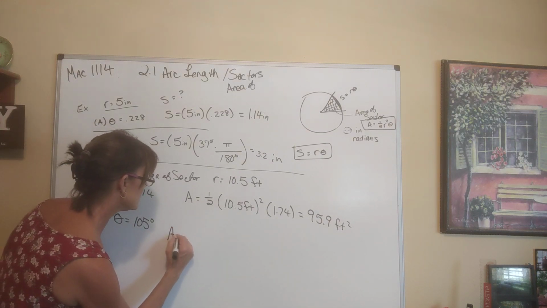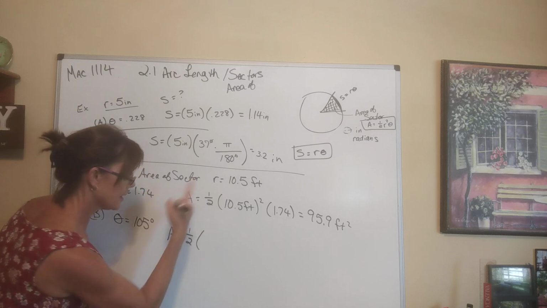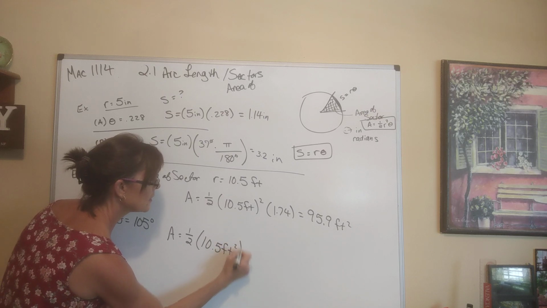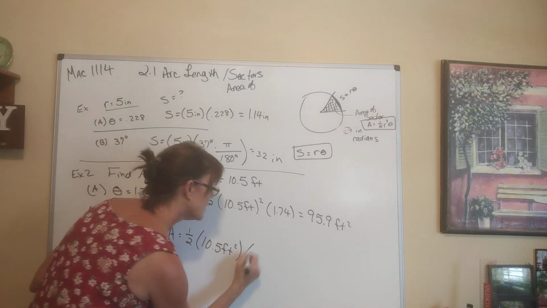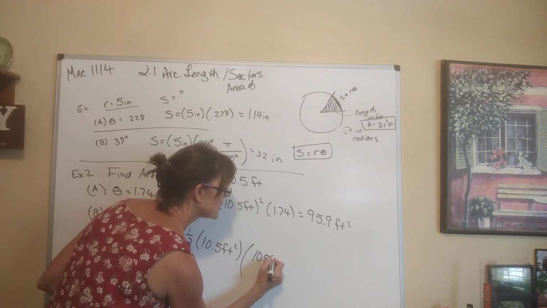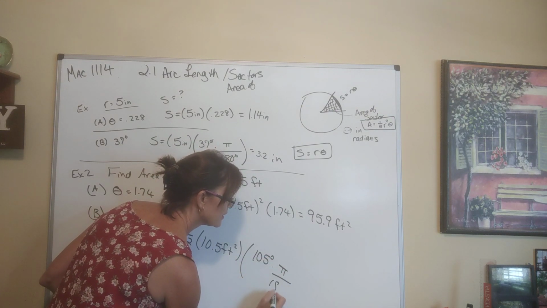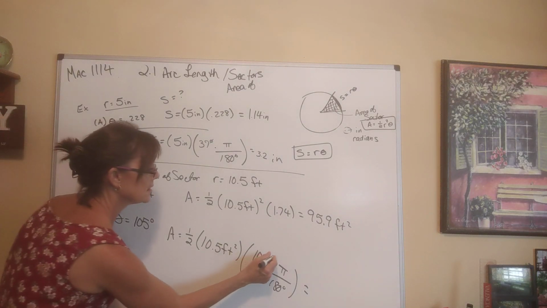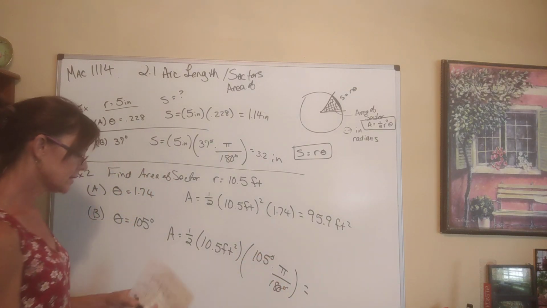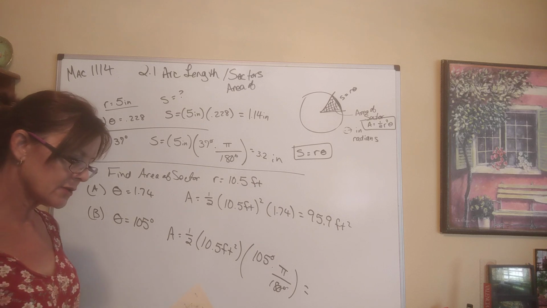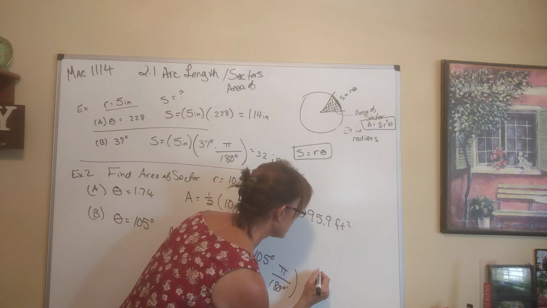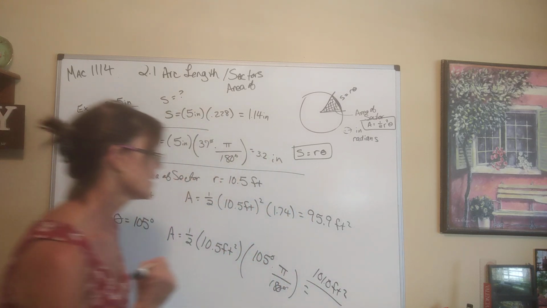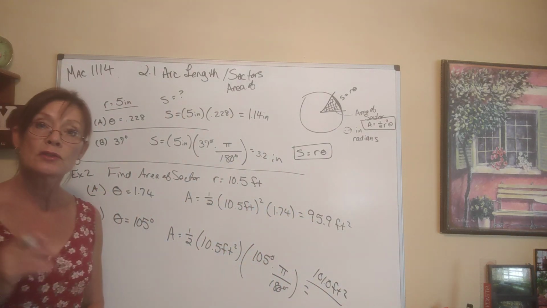So the area of the sector is still 1/2 times the radius, 10.5 feet squared, times the angle, but now I have to convert this right here. So that converts it to radians. You'll see the degrees cancel out, and so the units are going to be in square feet, and this ends up being 101 square feet.